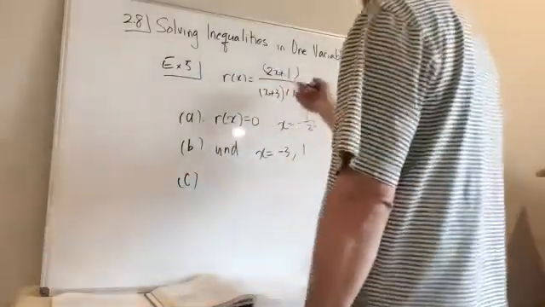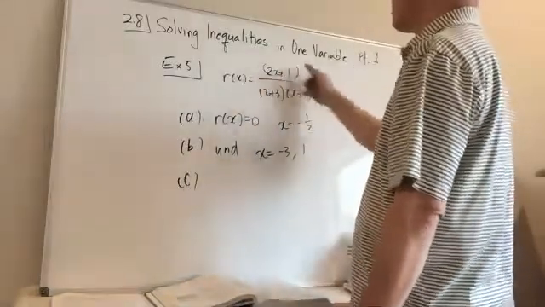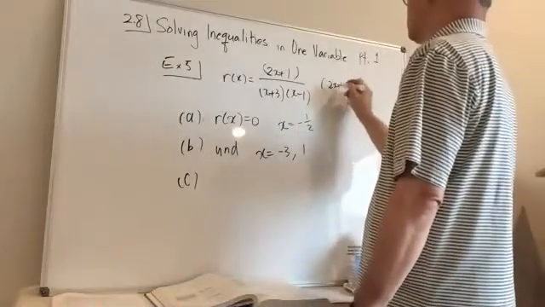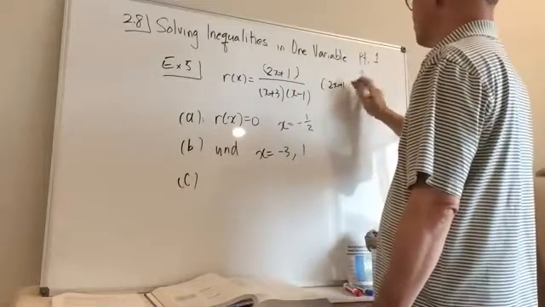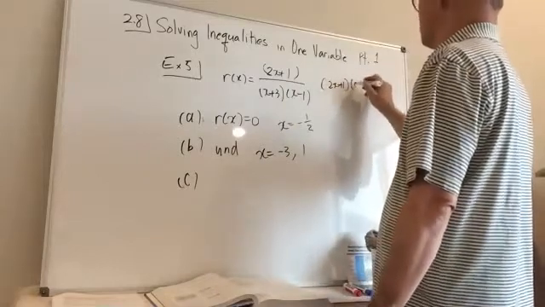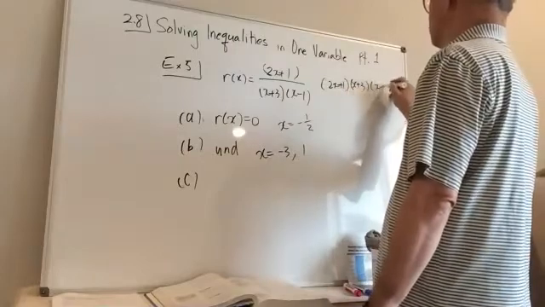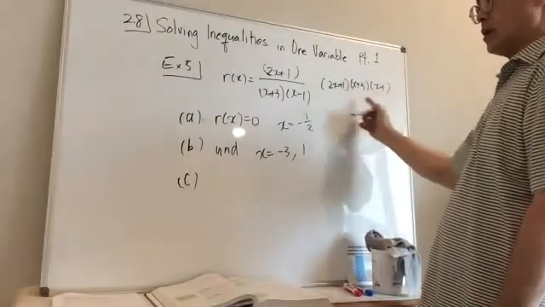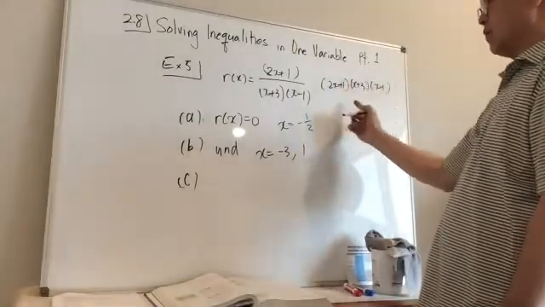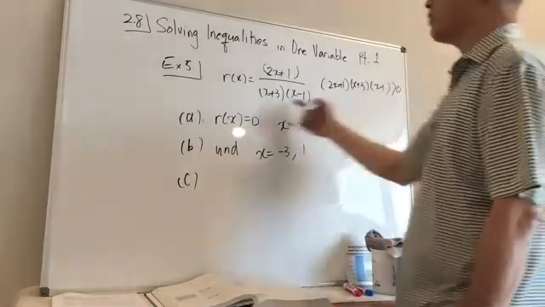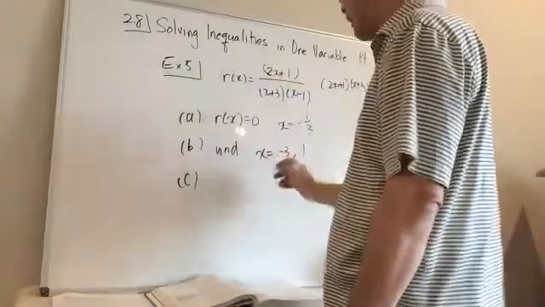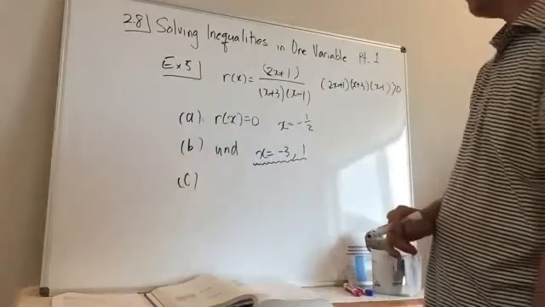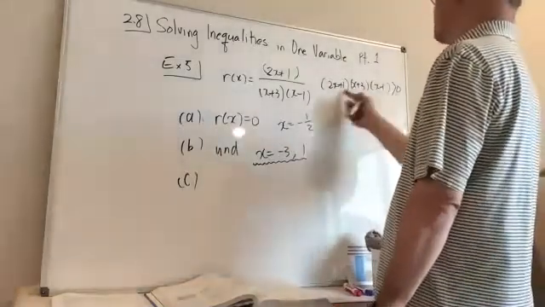So in other words, I'm looking for where this is positive, because this is a pretty important part. This is what we're trying to find. But we also have to keep in mind that x cannot be these values. So when is this positive?